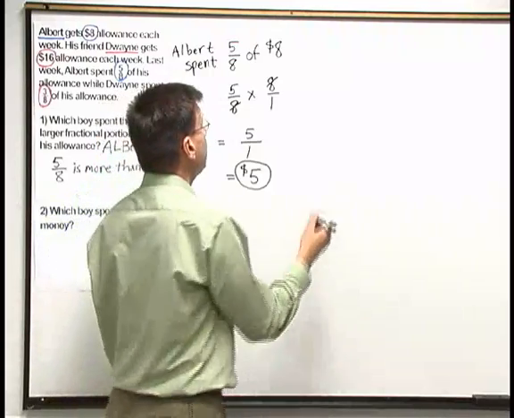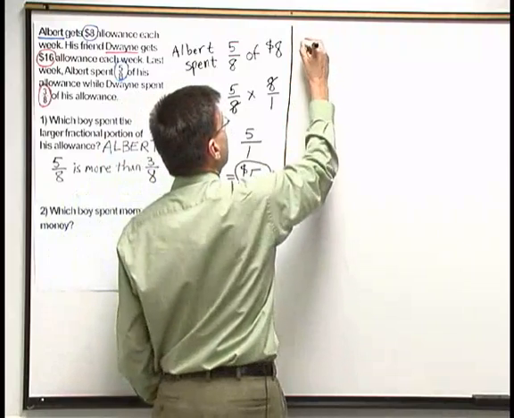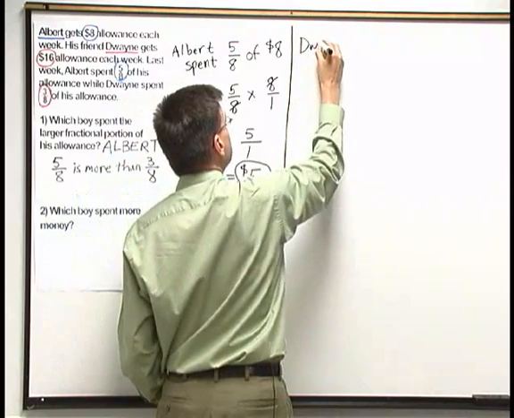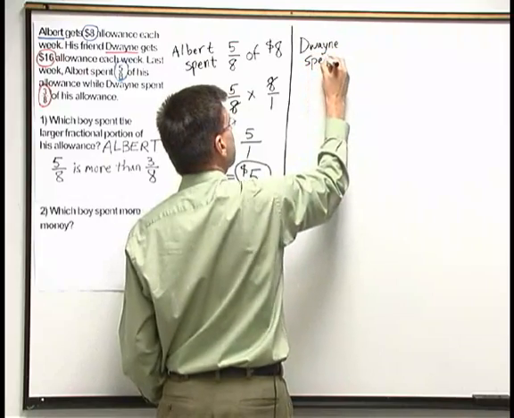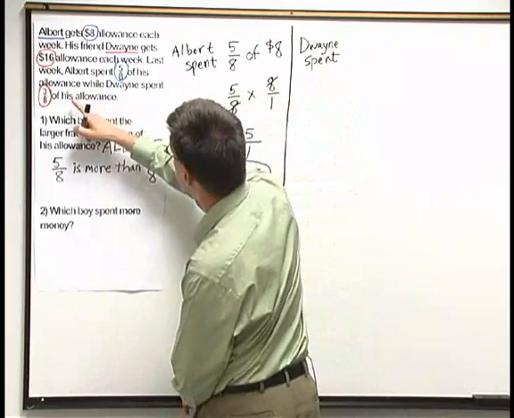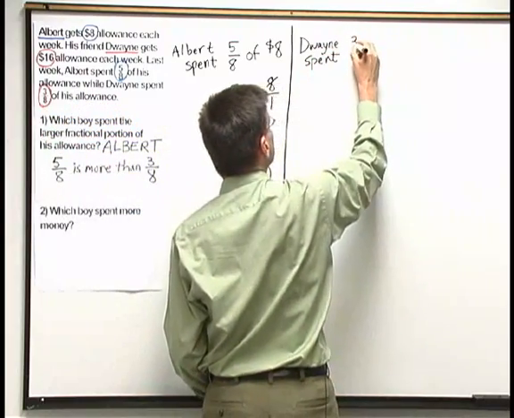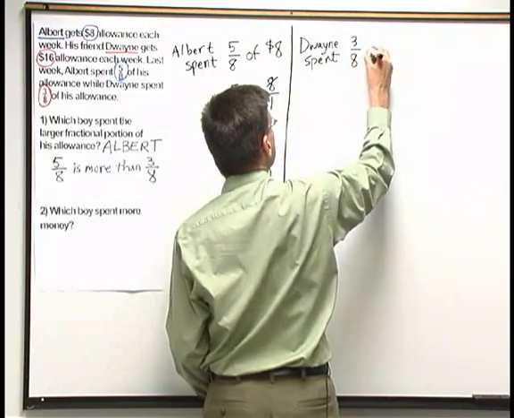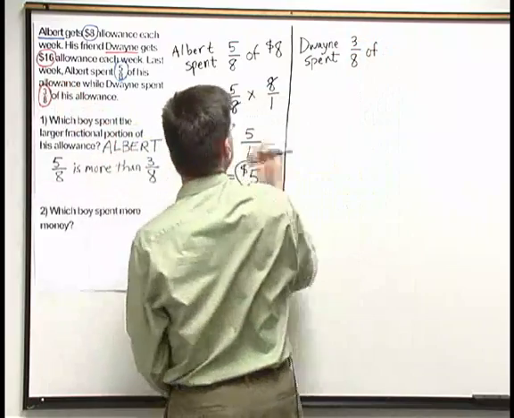Now let's go ahead and look at how much Dwayne spent. Dwayne spent, let's see back here, Dwayne is in red, he spent 3/8 of his allowance, and Dwayne's allowance was $16.